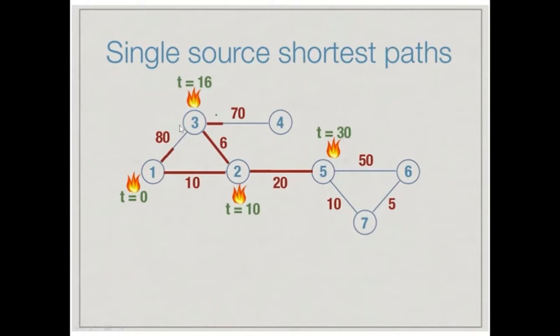After t equals 16 seconds, the fire starts spreading to depot number 4 also. As the fire would normally take 70 seconds, it will take a long time to get from depot 3 to 4. In that time, meanwhile, the fire has already reached the fifth depot. Now at t equal to 30 seconds, the fifth depot has caught fire.